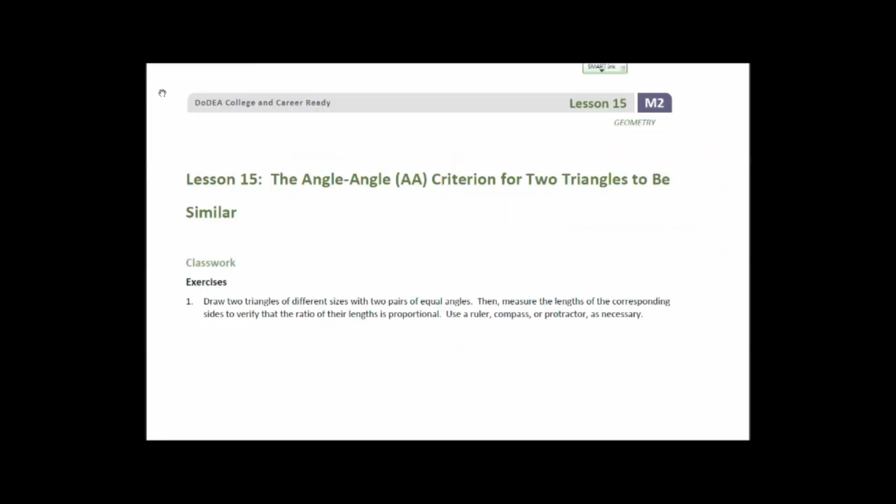Lesson 15 is about the angle-angle criterion for two triangles to be similar. Before I get into the AA criterion, I want to go back to Module 1, where we talked a lot about congruence in terms of rigid motions.